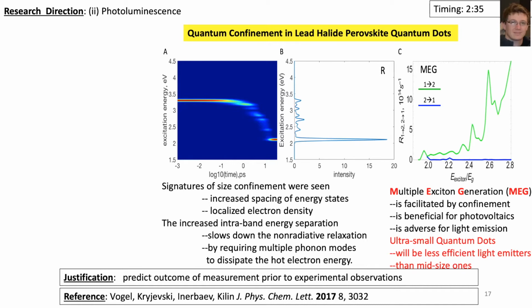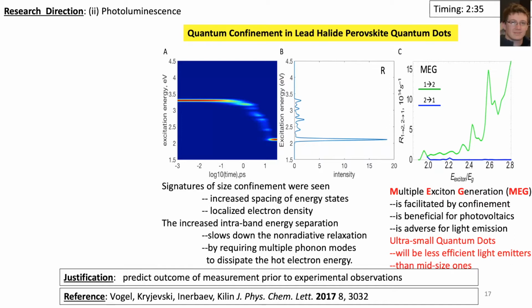So by bringing all these things together, it was an attempt to compare processes in wet halide perovskite quantum dots under quantum confinement when the charge carriers are brought together as people squeezed in the elevator. They need to interact even if they don't want to.